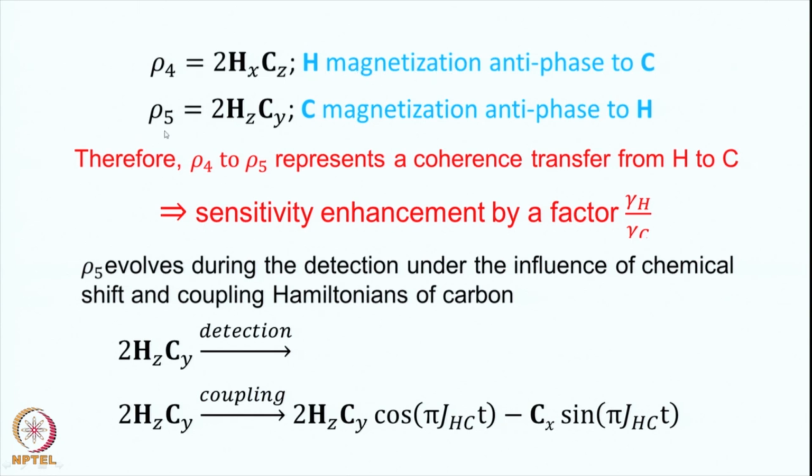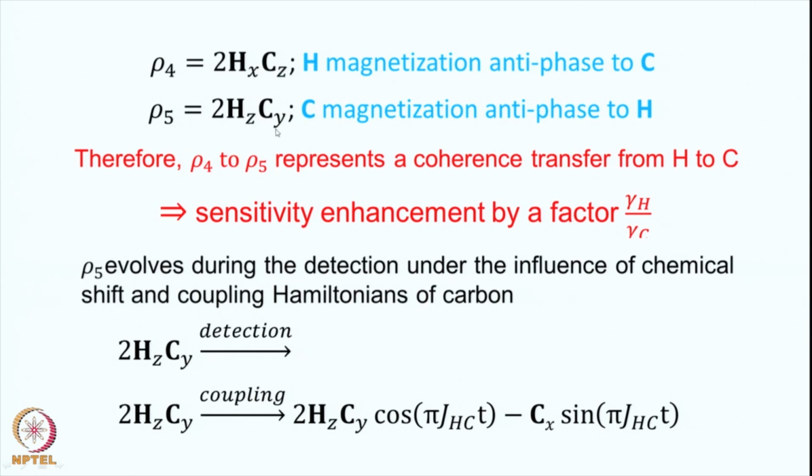Now, when I apply a 90 pulse on proton and carbon, we get rho 5. So, I am applying a 90 Y pulse on proton, therefore this Hx goes to Hz and Cz goes to Cy, because I am applying the pulse on the carbon channel along the x axis.